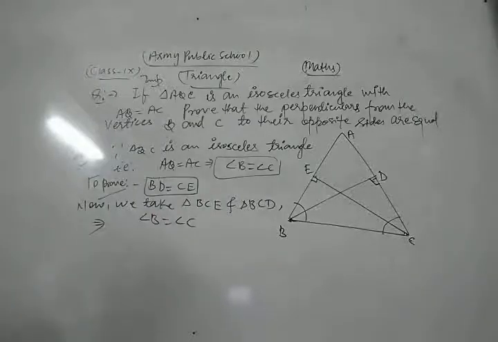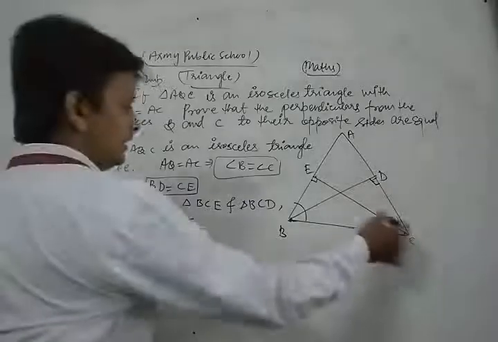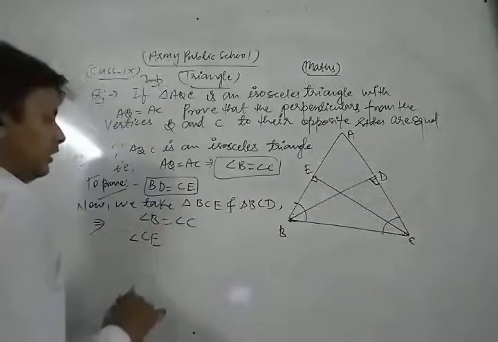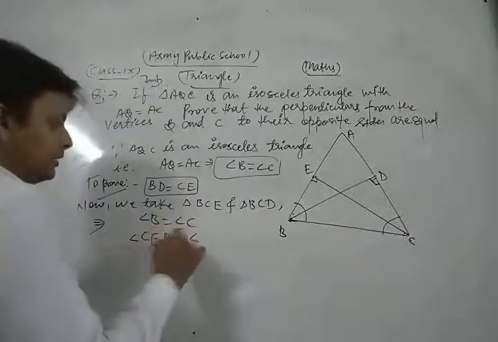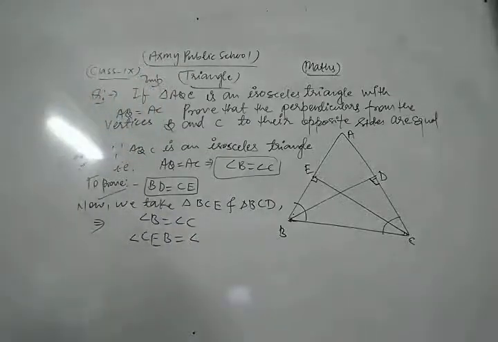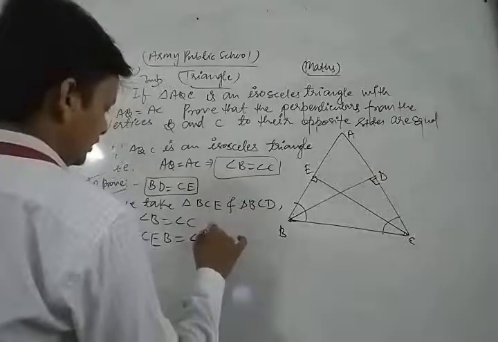Now the perpendicular is drawn. So angle CEB is the same as angle CDB, or BDC.